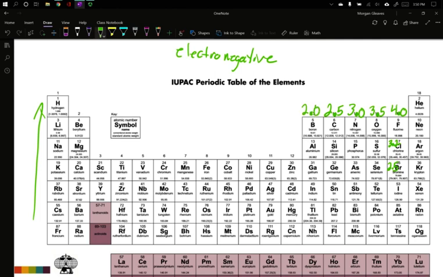Boron is 2.0. Hydrogen is 2.1. But the actual values themselves aren't terribly important for what we're going to talk about. Just that they are different. The more different your electronegativity value, the more the electrons shared between those atoms will prefer to be on one side. So what does that mean?